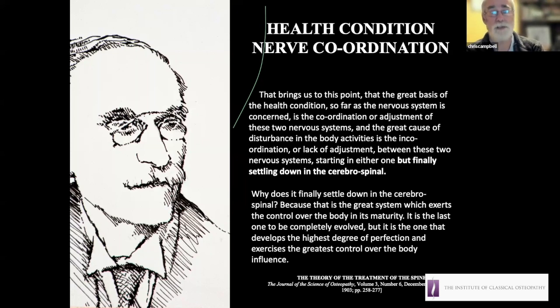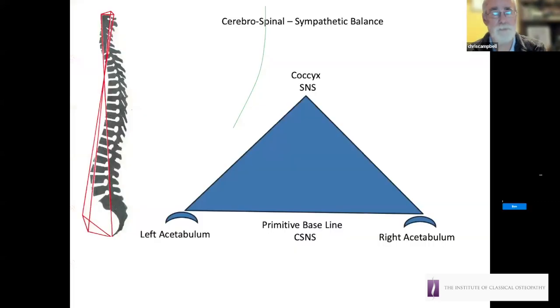That's the cerebrospinal side. It's the last one to be completely evolved, but it is the one that develops the highest degree of perfection, exercises the greater control of the body influences, because it also relates to the environment and the environmental lesion, as well as the emotional lesion within the person as to how they use the body and the subconscious effects within the body.